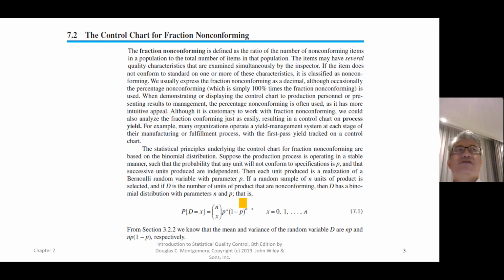Sometimes a decimal representation is not that intuitive to top management.